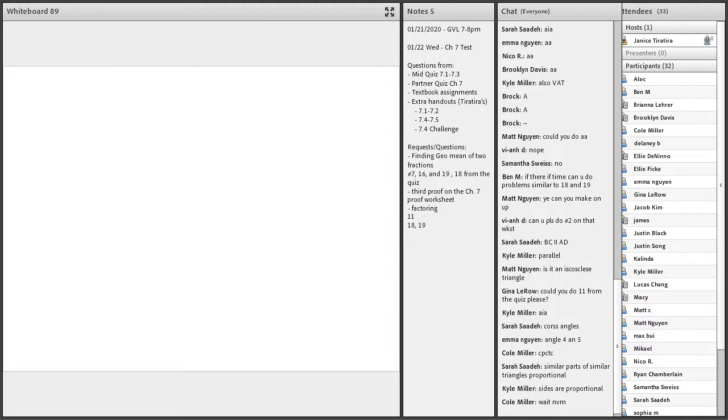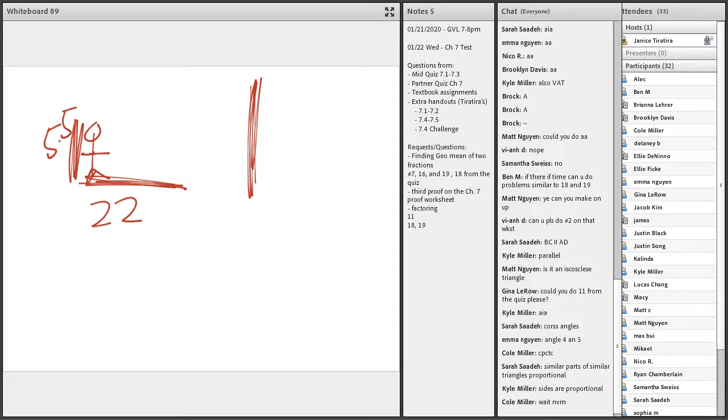So here's kind of a picture. Here's the stick figure man. He's 5.5 this way. And then the shadow is 22. Then the building, taller building, that one is 120 feet. And it's wondering what the shadow is, which will be x. So we want to make ratios that are the same. So 5.5 and 120 are the heights.